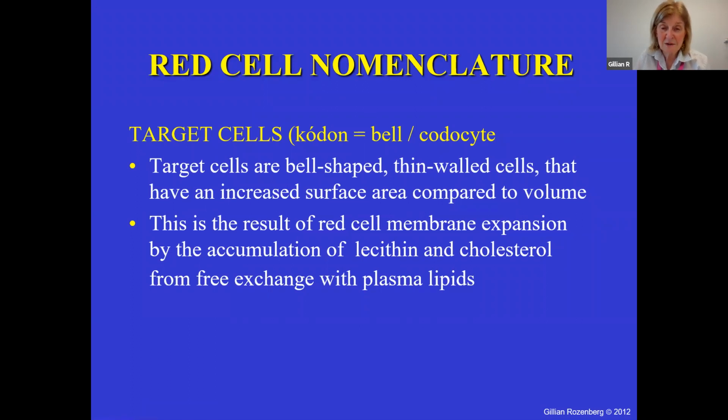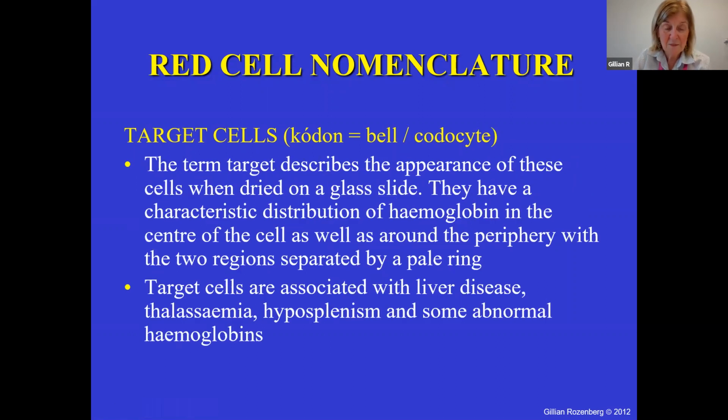So target cells. Target cells are bell-shaped, thin-walled cells that have an increased surface area compared to volume. This is the result of red cell membrane expansion by the accumulation of lecithin and cholesterol from free exchange with plasma lipids.